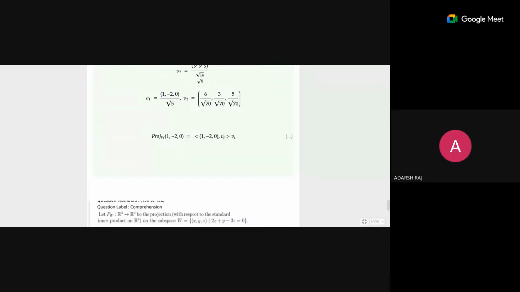And what is v1? V1 is this one, plus this. This is v1. Then plus the inner product with the second vector.